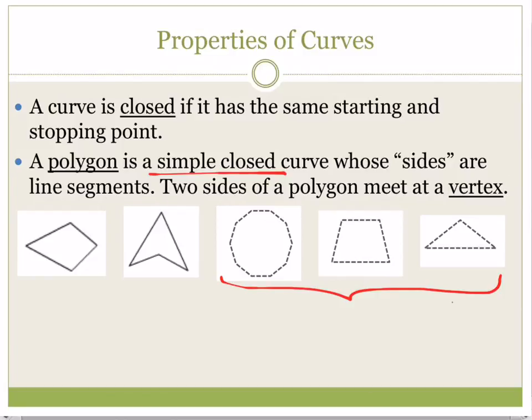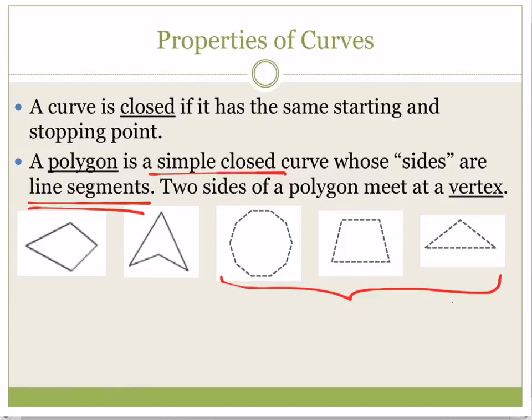It's the line segment part. Remember it said that the edges had to be line segments? These edges are not line segments, because line segments would be the entire edge. There are these gaps in it, so that's caused these problems.